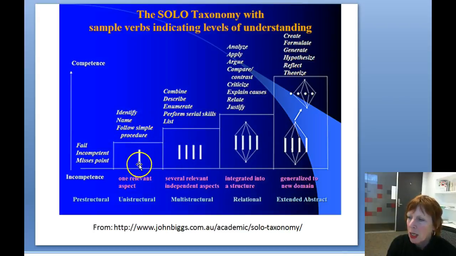And so you'll see here, at the lower end of the taxonomy, students may only really understand one relevant aspect of the topic, and then they might be able to identify several different aspects, but they're not integrating them until they get to the next level, which is relational, where they're able to integrate concepts and see how they relate to each other, and then at the higher level they're generalising and extending their learning to a new domain.